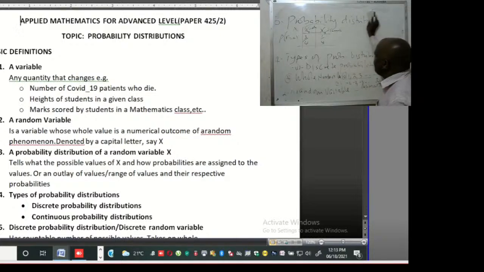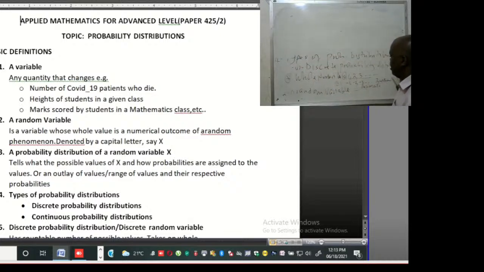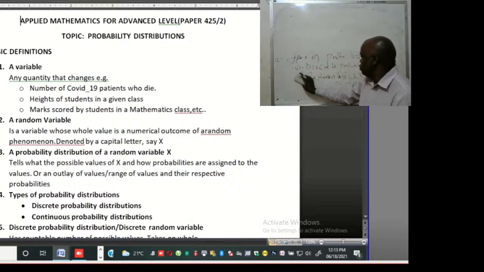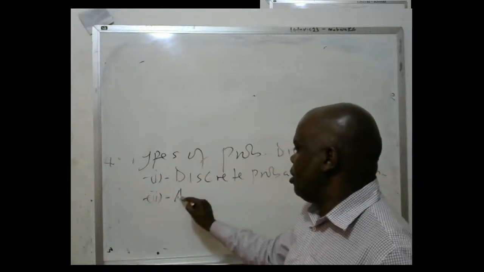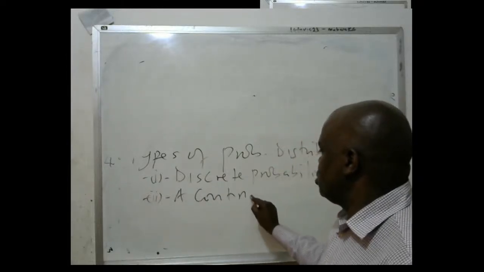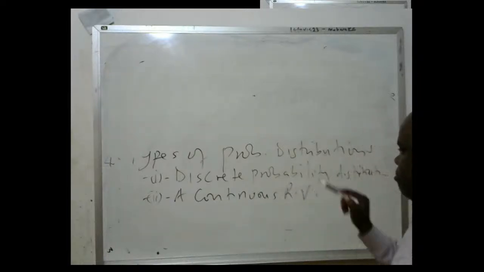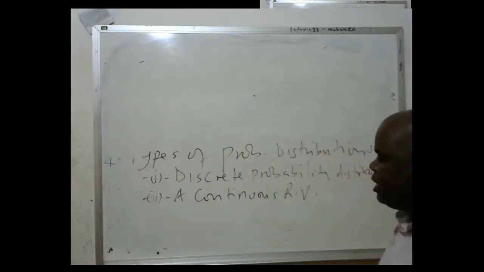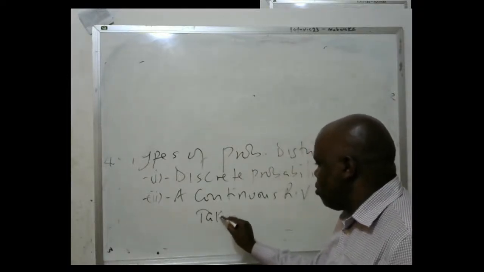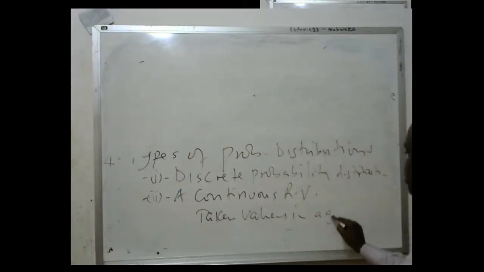After knowing that, we move to the next type, which we call a continuous random variable. The difference is that a continuous random variable takes on values in a given range.